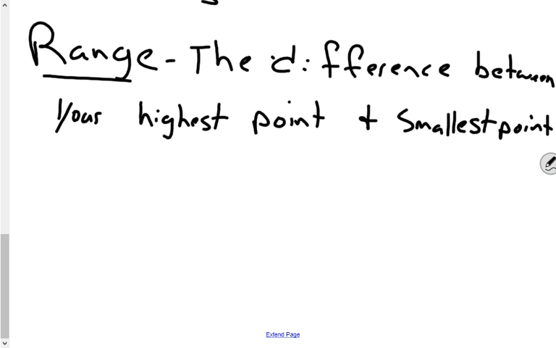So you literally look at your data points, you take your maximum point, and you subtract your smallest point, and that's range. That's the formula. I don't even think I'd give that to you on a test, because it's pretty straightforward.